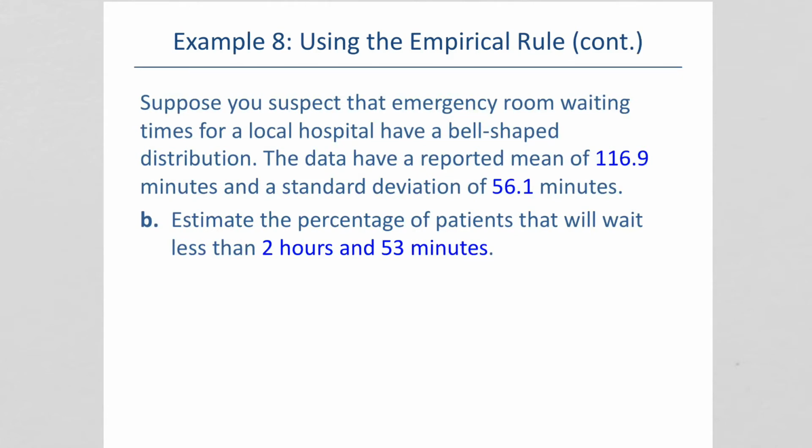Part B says estimate the percentage of patients that will wait less than 2 hours and 53 minutes. So first of all, our data is in minutes only. So we need to change 2 hours and 53 minutes.